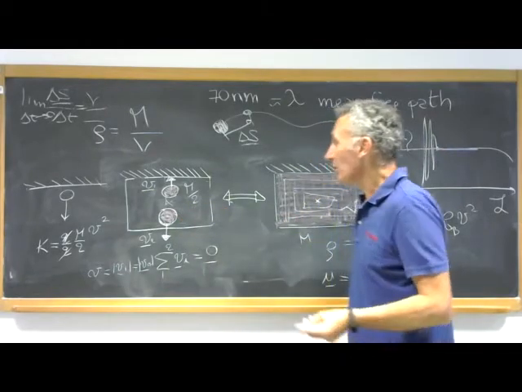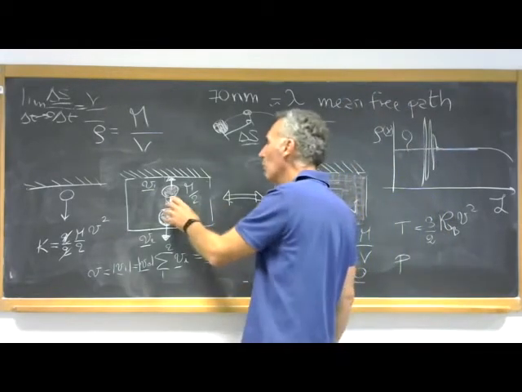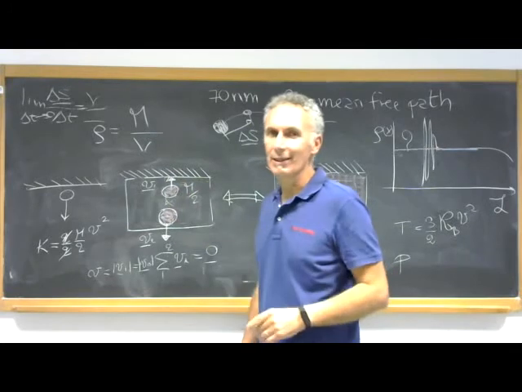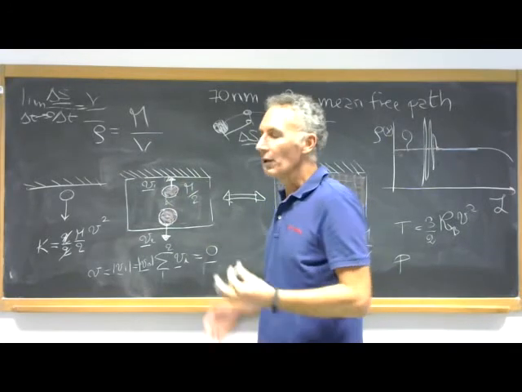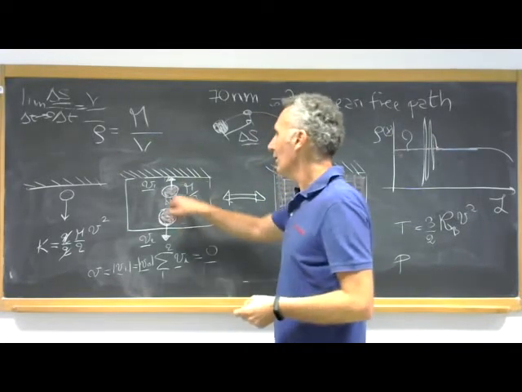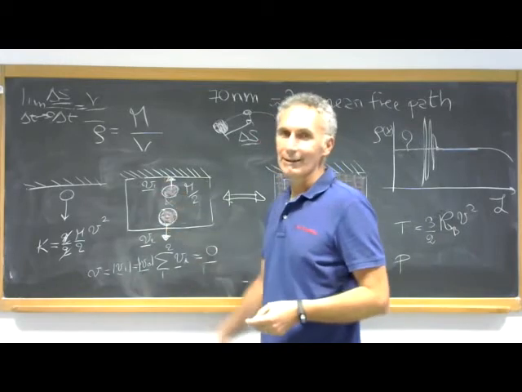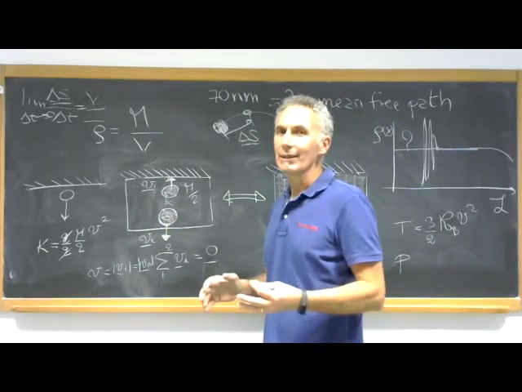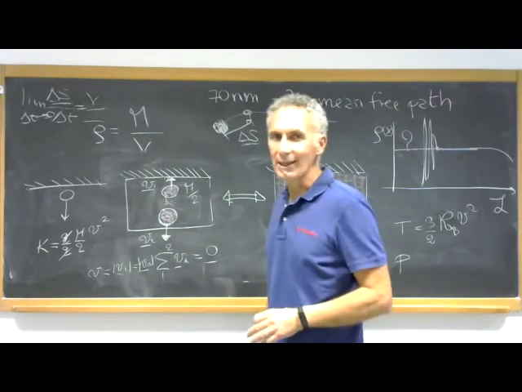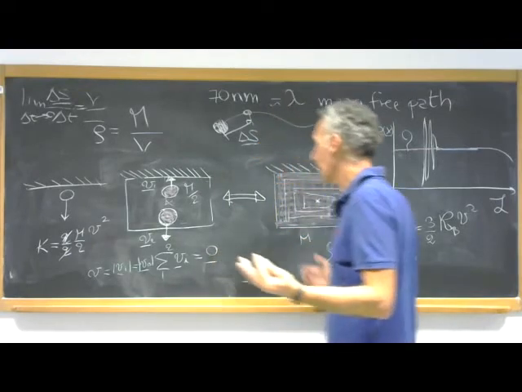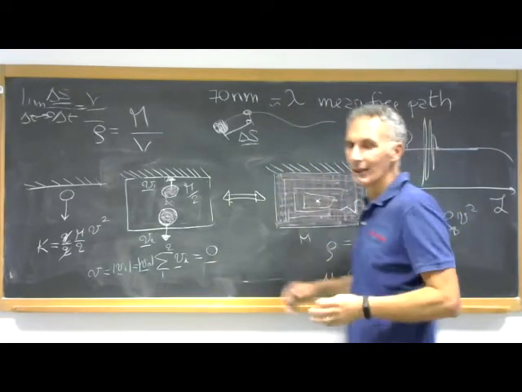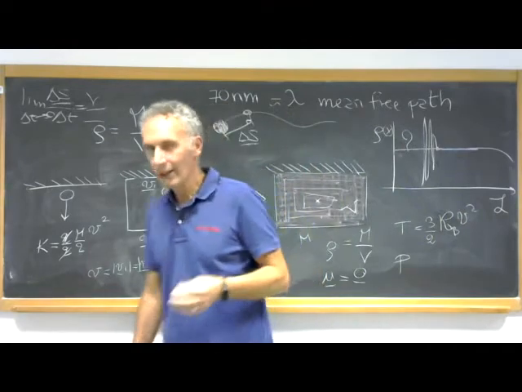Well, the answer, of course, depends on what is the average distance between the molecules. So if I live in a world where the distance is so tiny that I never get to those distances, well, then I'm safe. It means that this model is almost perfect.